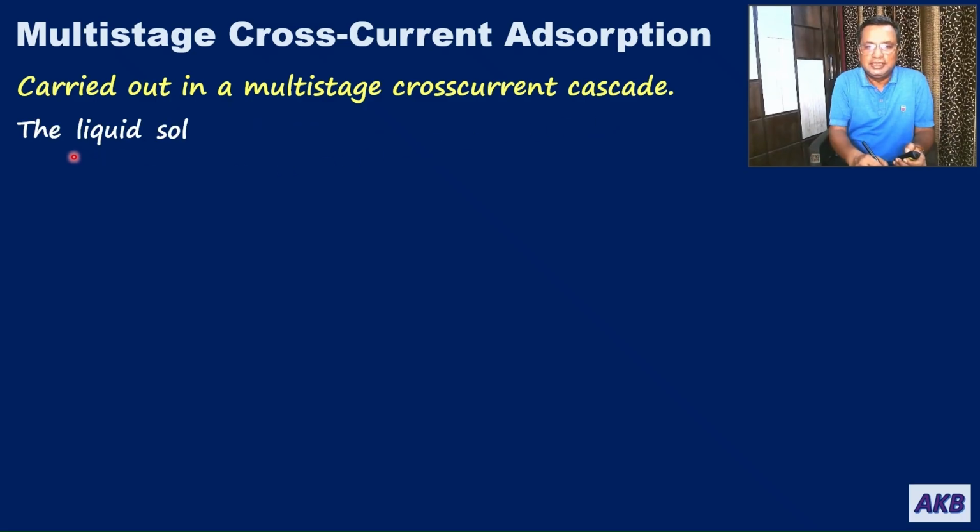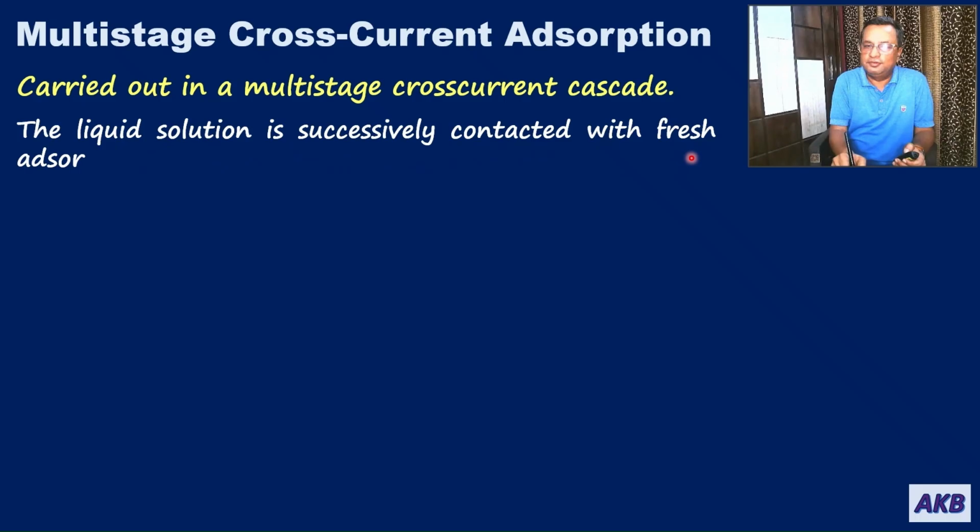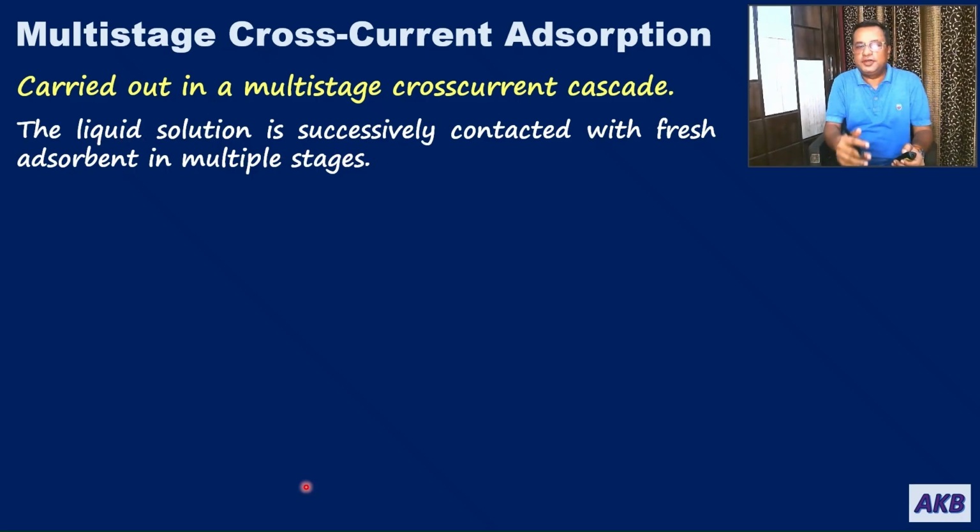The liquid solution is successively contacted with fresh adsorbent in multiple stages. We are going to consider the task of removing solute from a liquid solution. In a cross-current adsorption operation, the liquid solution is successively contacted with fresh adsorbent in multiple stages.